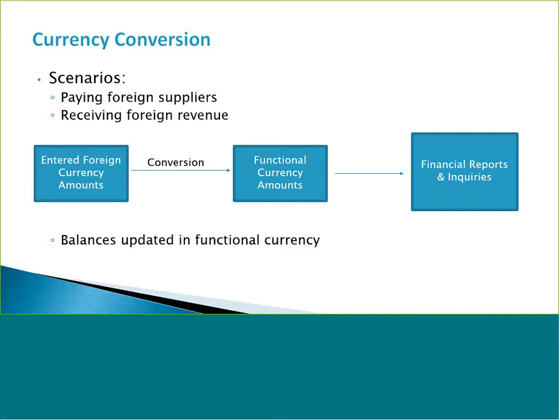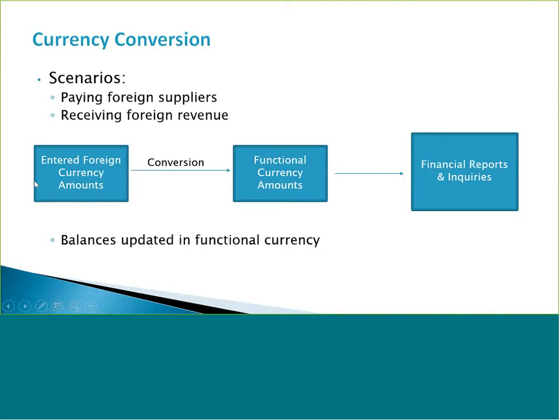However, we will provide an exchange rate which will be used to convert that amount in Kenya shillings to the functional currency. Then when we post that journal, the balances will be updated in the functional currency, which is the US dollar. So when we do our financial reports or inquiries, we will see those amounts in the functional currency. So that is the process of currency conversion.